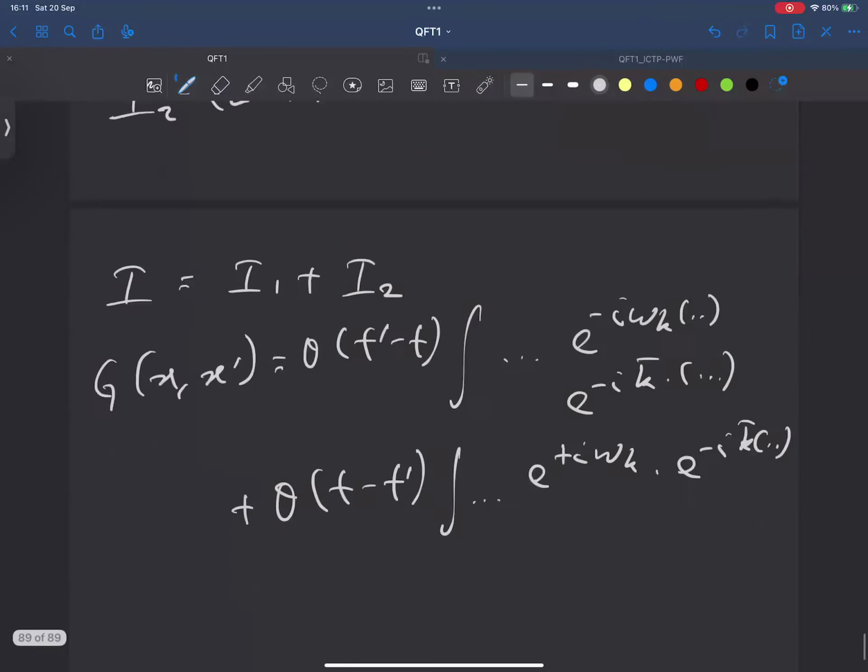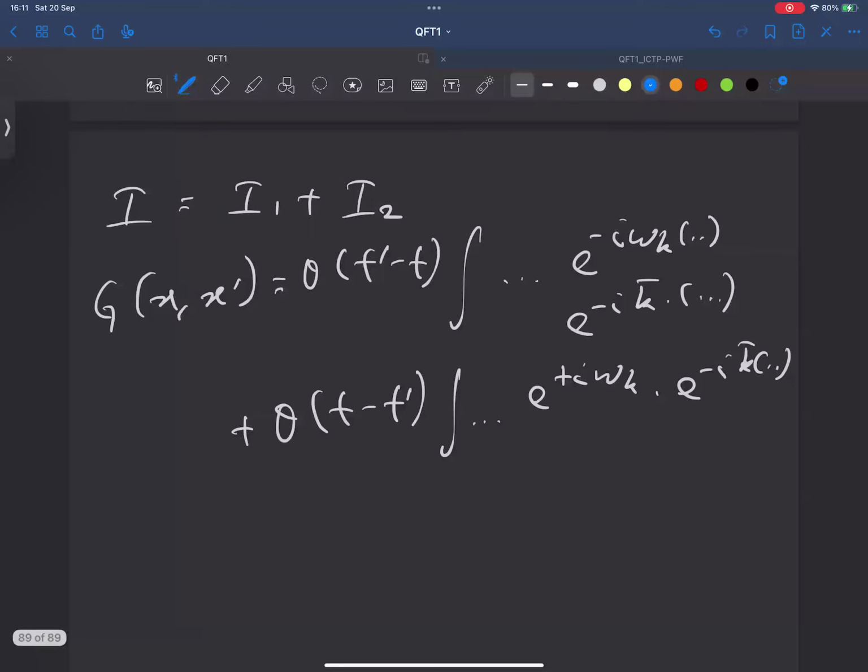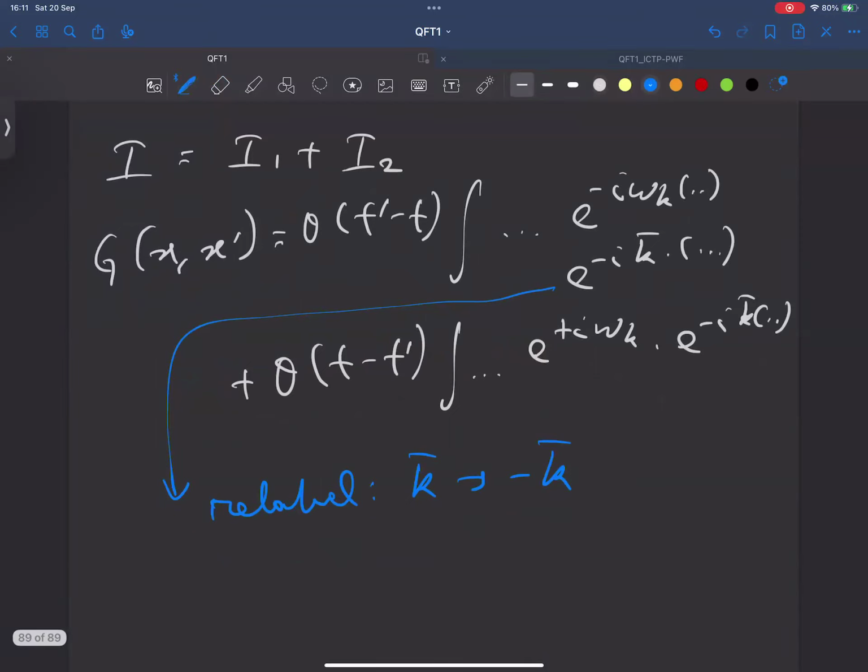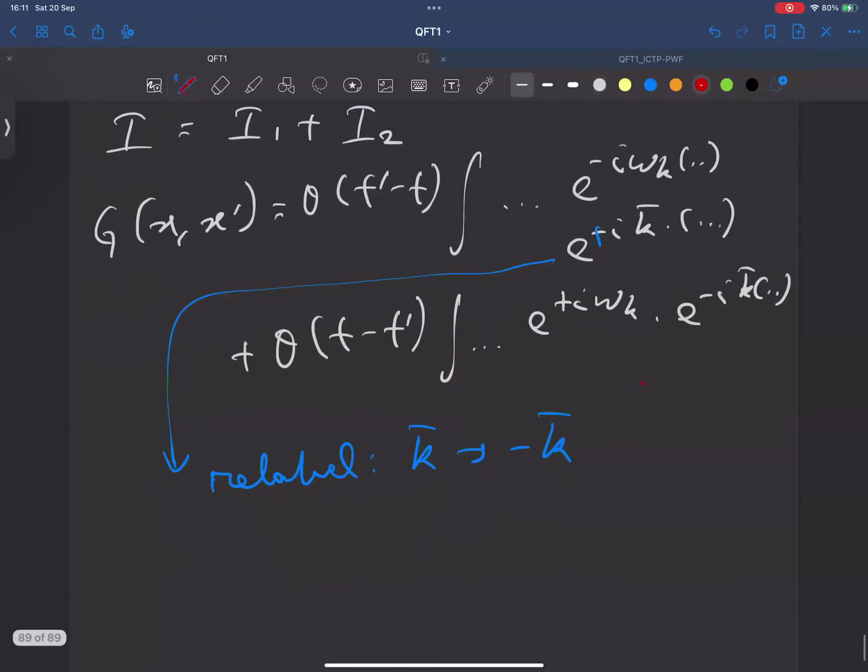And just as I said, we are relabeling, and there was a question as to why we always relabel the second term. Now we will relabel the first term. So relabel here k to minus k, and that will turn this sign to positive. Okay. And this is indeed star 21 prime.